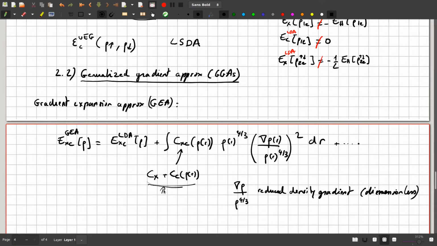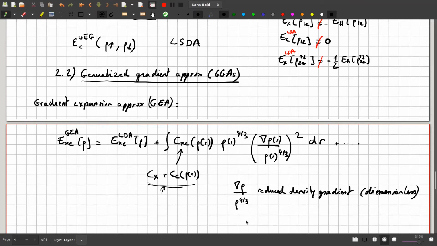that we could construct systematically a correction to the LDA in this way. The problem is that if you truncate this expansion, you sort of assume that this reduced density gradient is small. But in fact, if you take an atom or a molecular system, it turns out that you can find regions of space where this reduced density gradient is very, very large. In fact, you can show that it diverges in the exponential tail of the density.